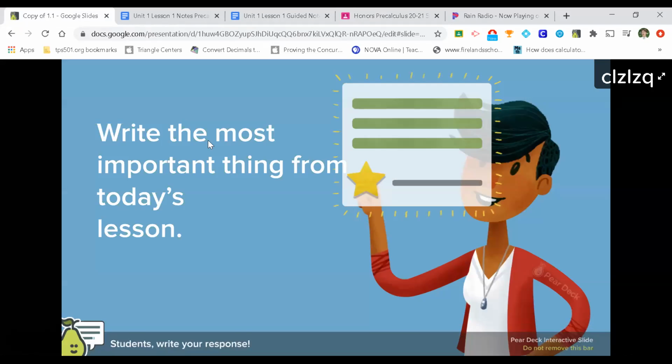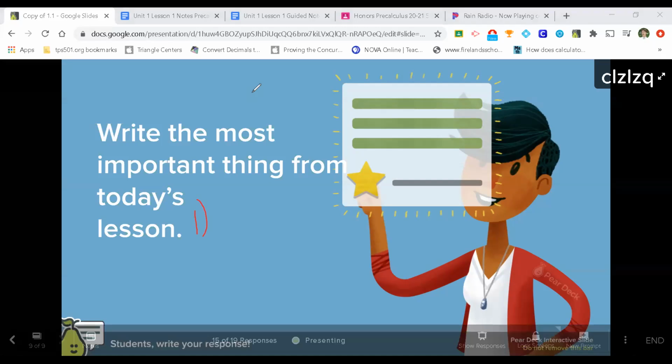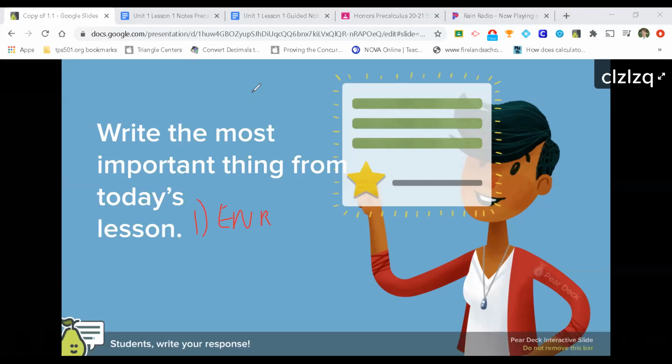So I'm going to annotate that on the slide. The 3 things that you need to do are, again, enroll in WebAssign, download the calculator.